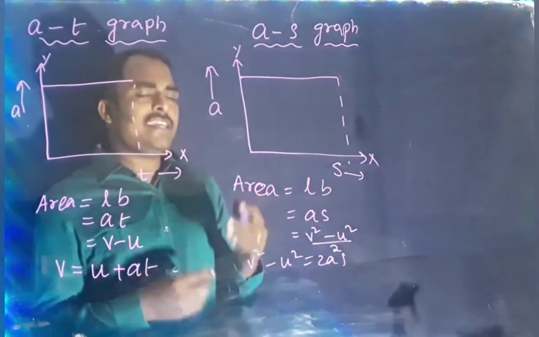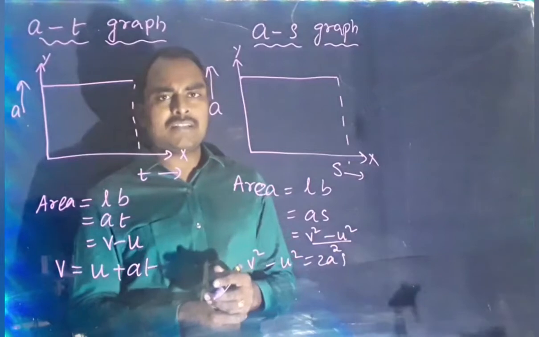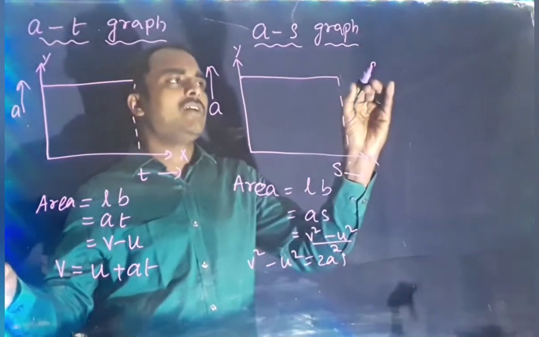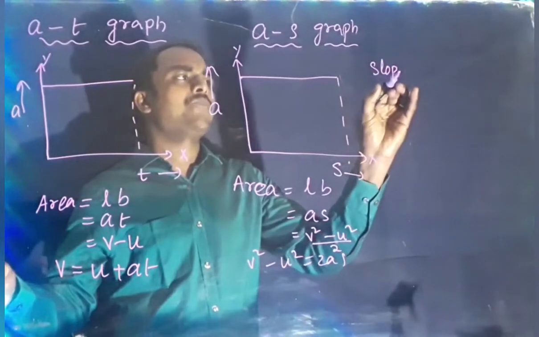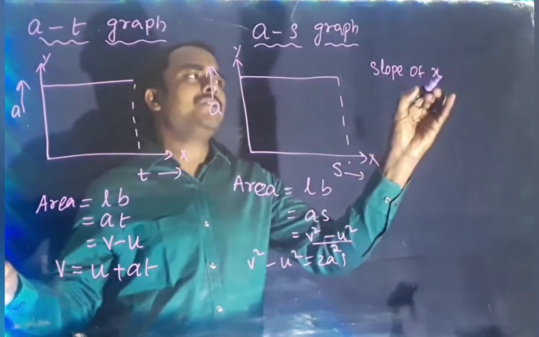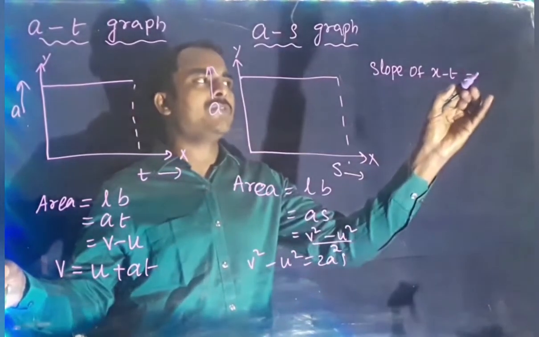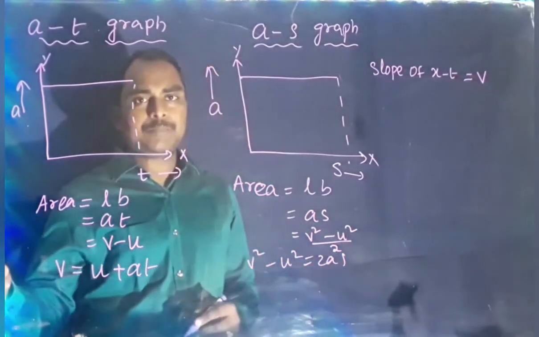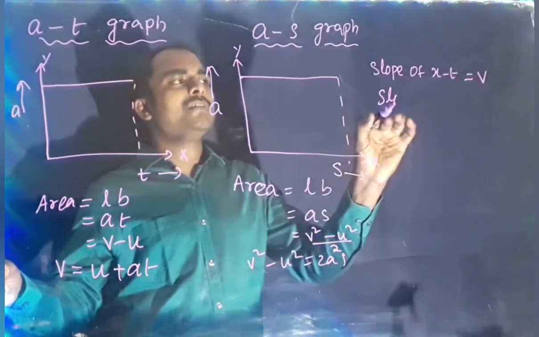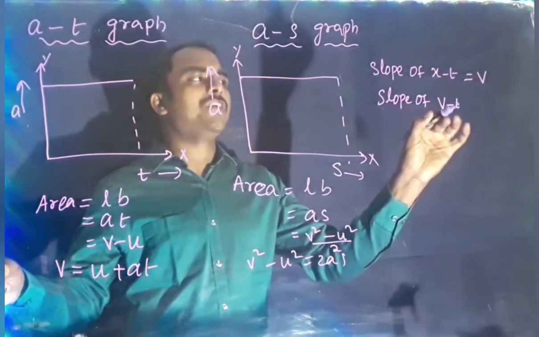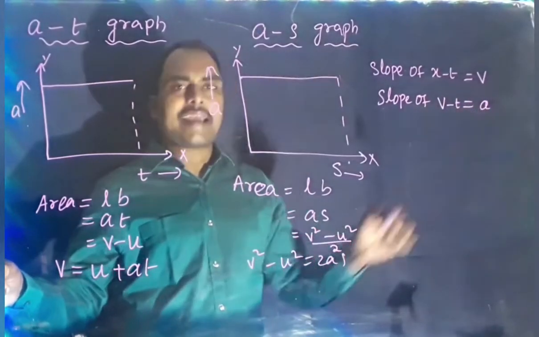So finally we have concluded that from the beginning onwards, in all the graphs, the slope of the xt graph gives velocity. Next, the slope of the vt graph gives acceleration.